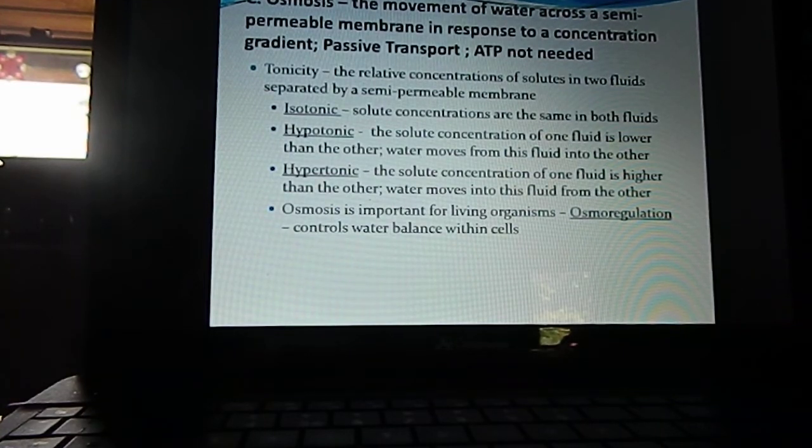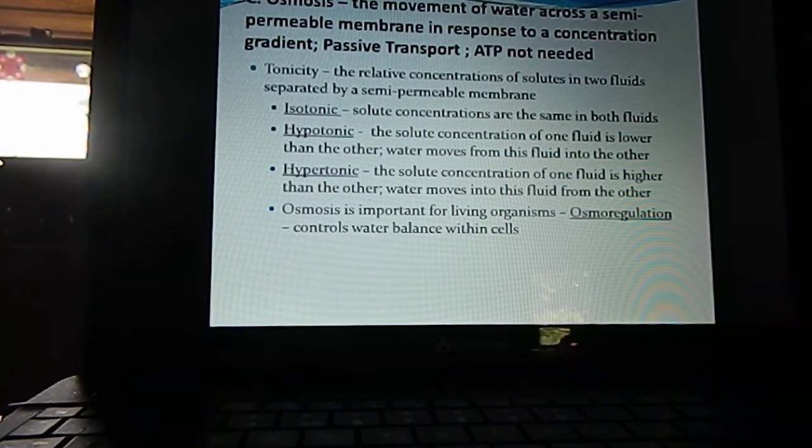So in the case of the red blood cell, it is hyper, the plasma is hypo. So water from the plasma will go into the red blood cell to try to dilute the solution to an equal amount as out in the plasma, and so the red blood cell swells.